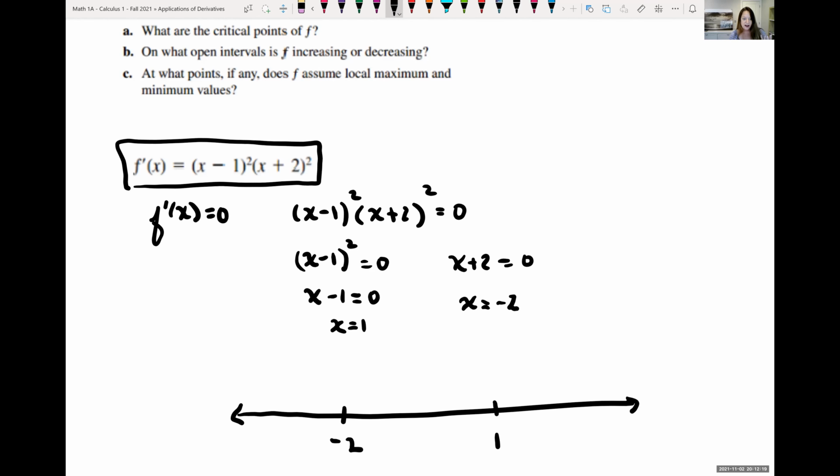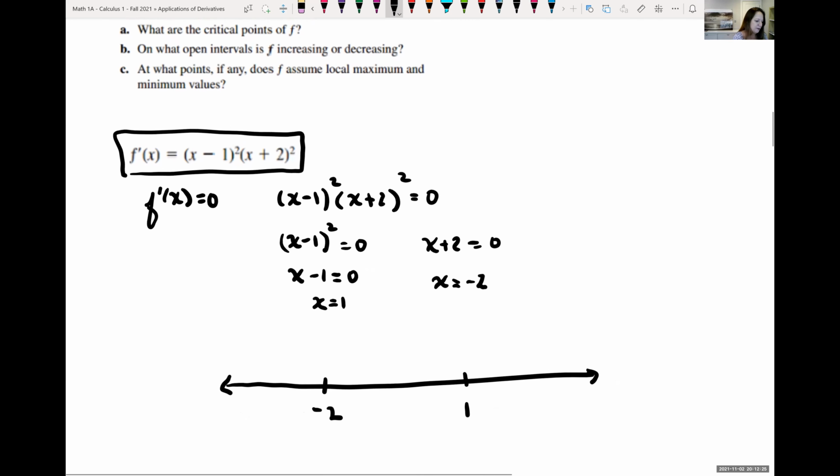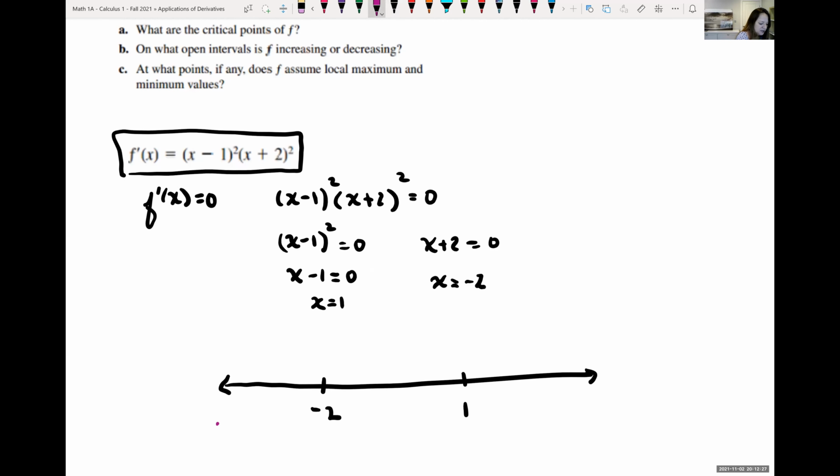For any number to the left of -2, I choose x equals -3 to make my math easier. I plug this back into the derivative function, and I really don't care what number I get. I'm just curious, is it positive or negative?